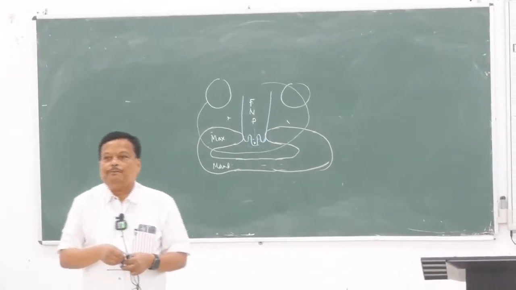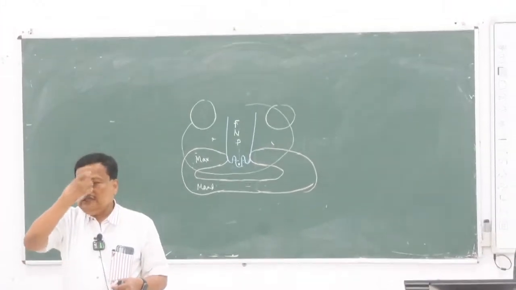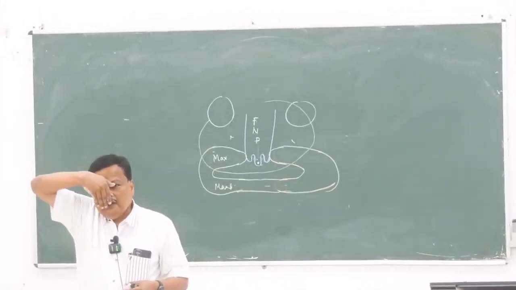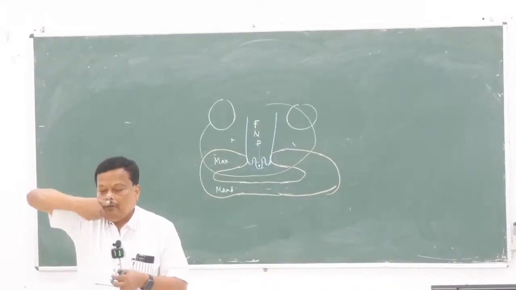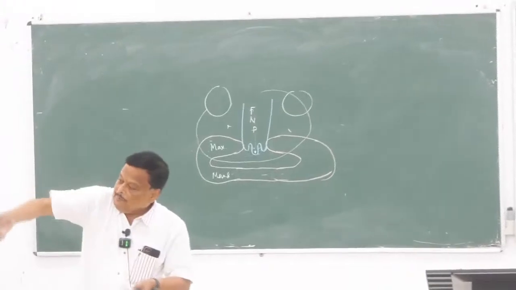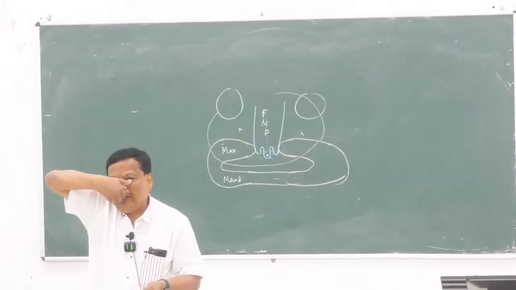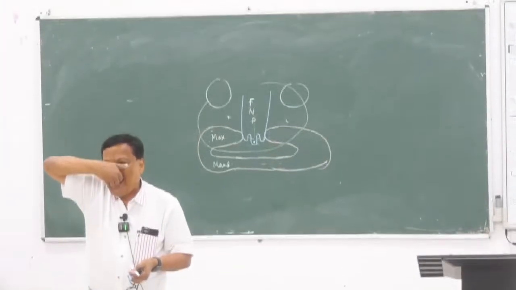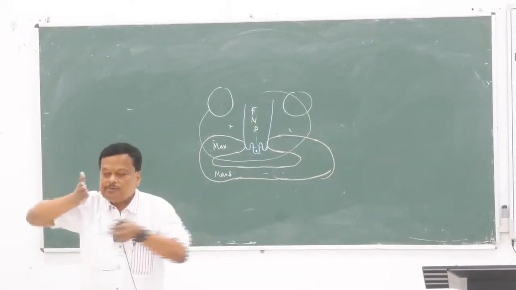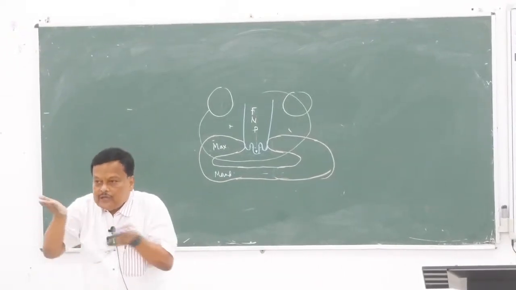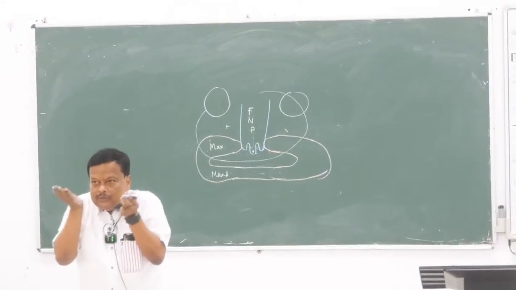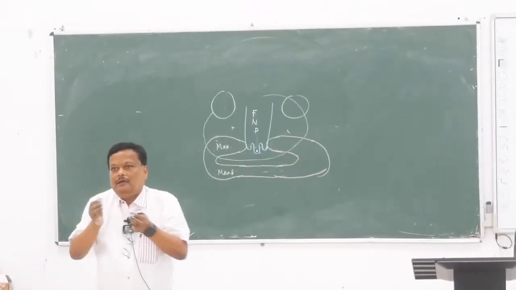This frontonasal process gives a horizontal process backwards, right? And this is the maxillary process. This maxillary process also gives a horizontal plate, each going to the midline.